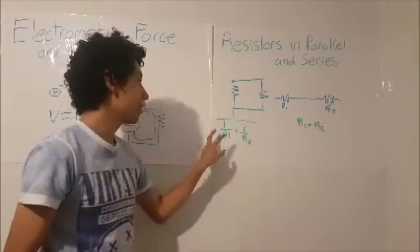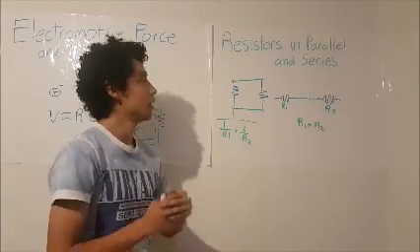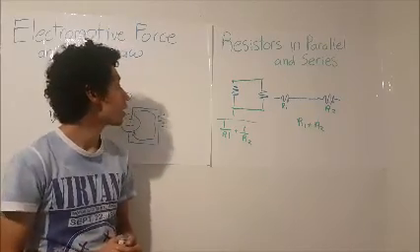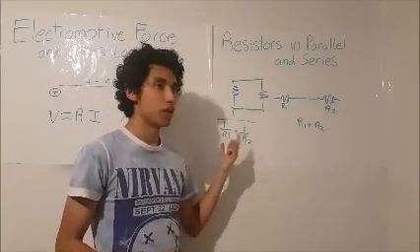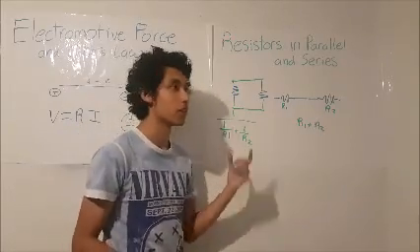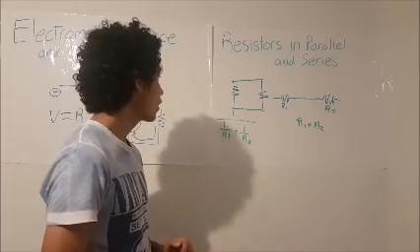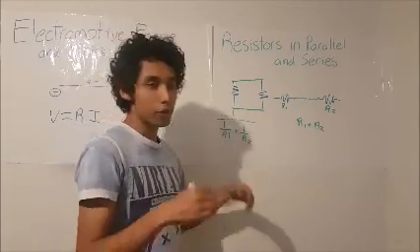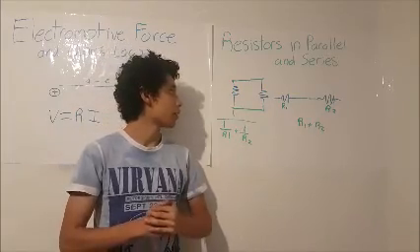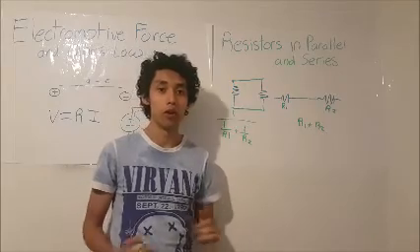So it's the inverse of the sum of the inverses. It's not as complicated as it sounds, but you just have to get used to doing this kind of calculation. And there are many other ways that resistors can be connected, but these are the two most popular.